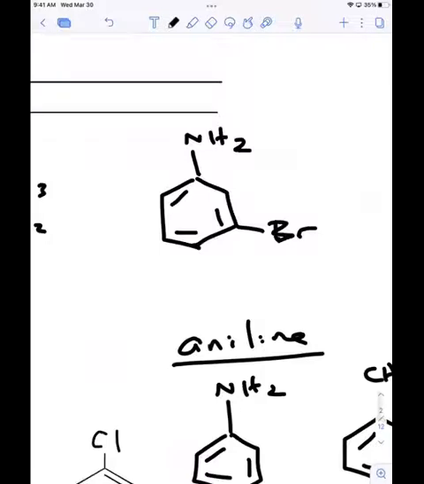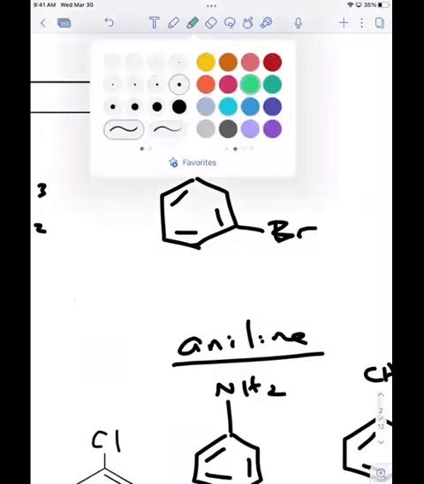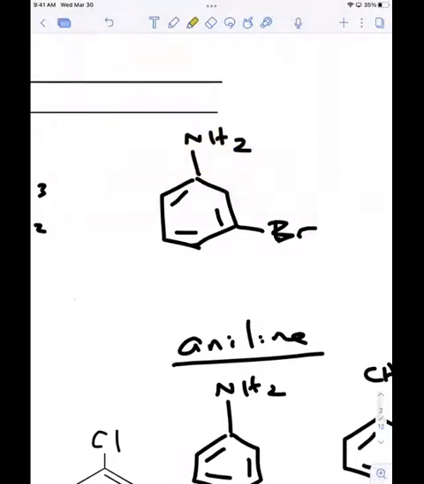What's the arrangement between the aniline part, which is this, right? That's the aniline part. What's the arrangement between the nitrogen in aniline and the bromine? Is it in the second position? So that second would be there.